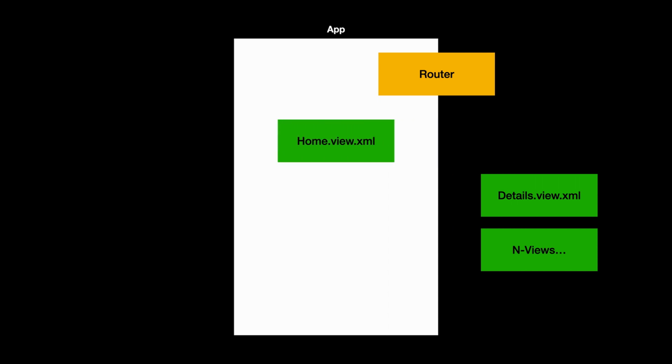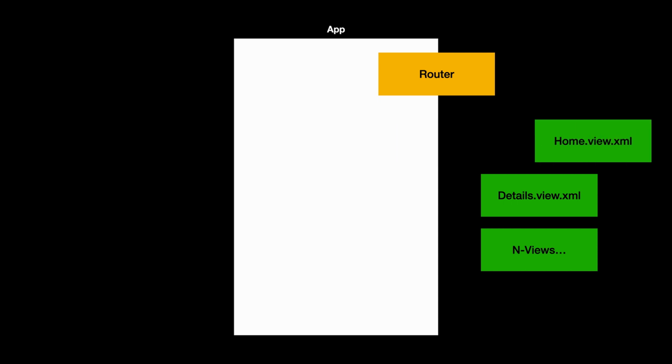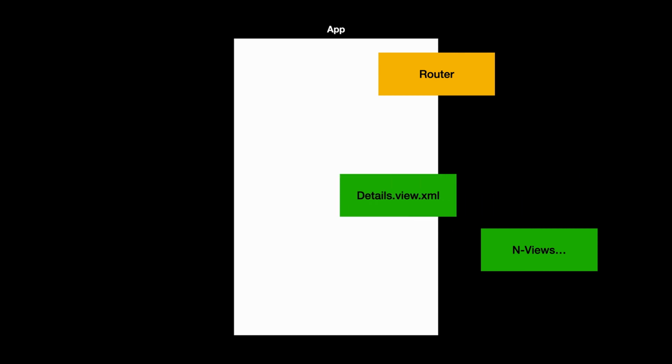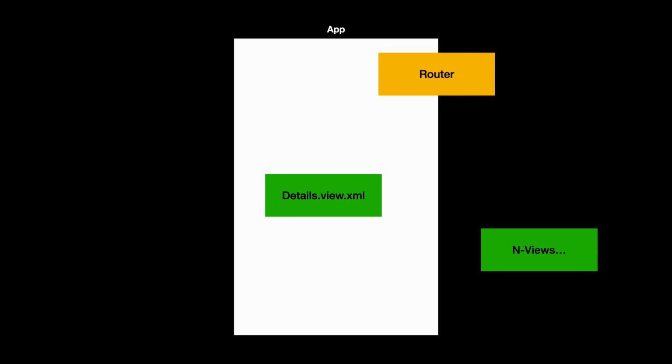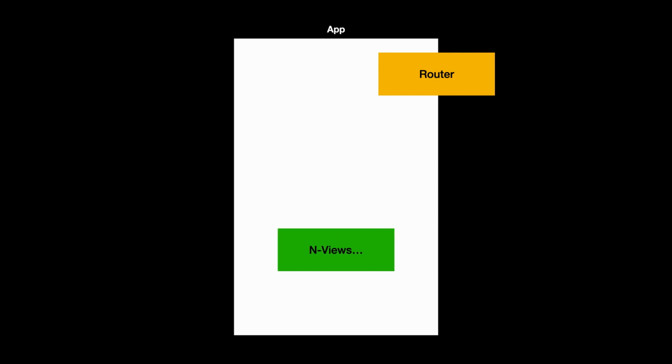For example, the router will handle placing the home view XML into our app control, and then when the user navigates, the router will automatically replace those views with the appropriate view or the next page that the user is visiting, and will also replace that view if necessary with other views moving forward.